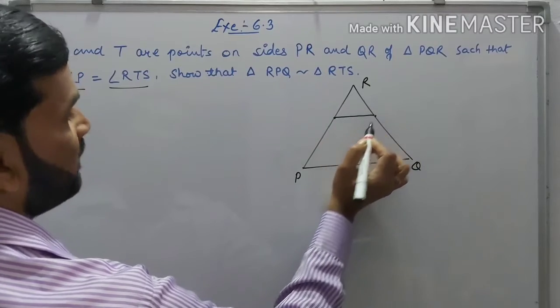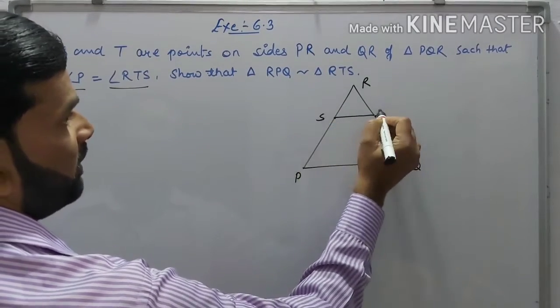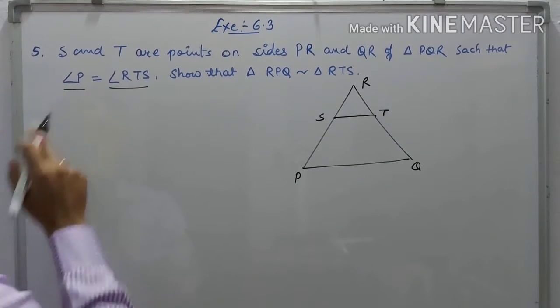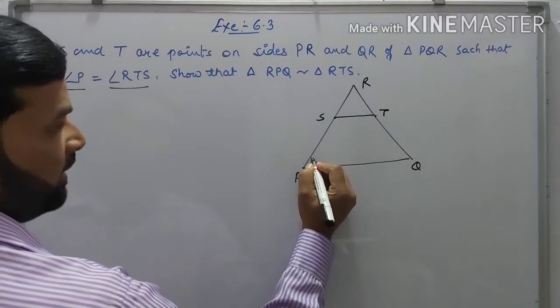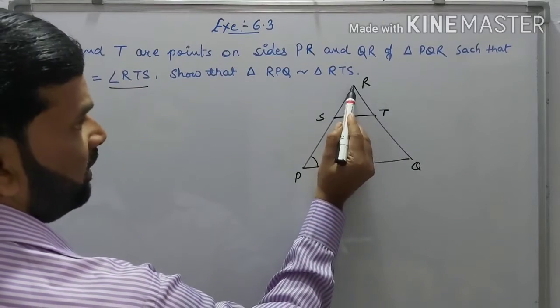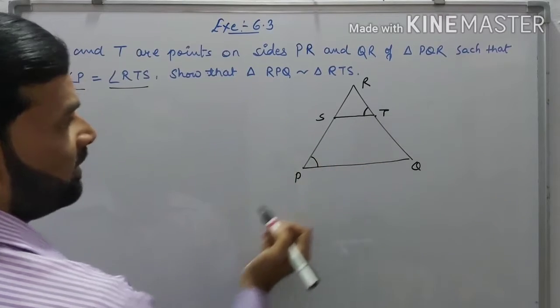Join the line S and T. Angle P is equal to angle RTS. Where is the angle RTS? Here. It means the two angles are equal.